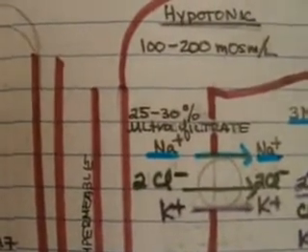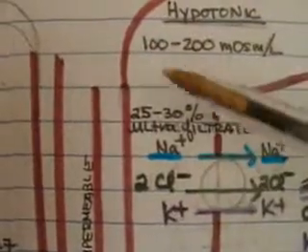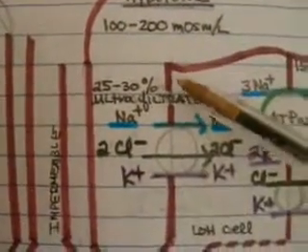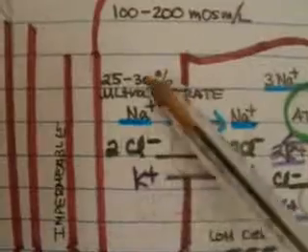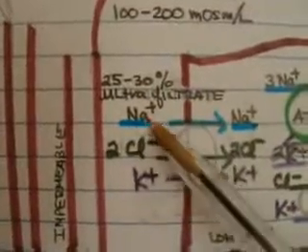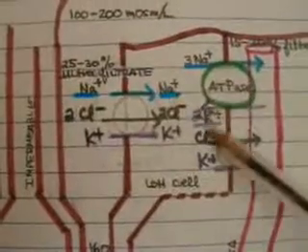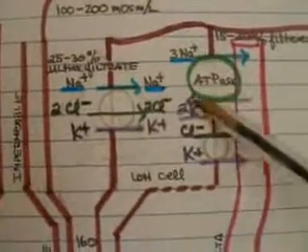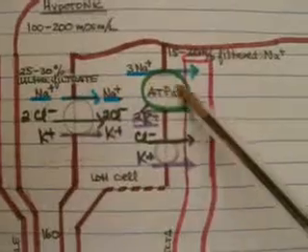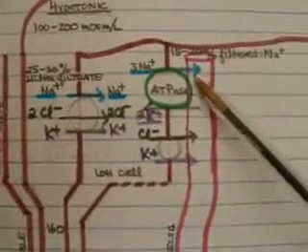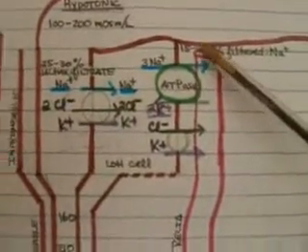Out of that 25 to 30%, about 15 to 20% of the sodium is reabsorbed into the cells of the thick ascending limb, and ultimately reabsorbed back into the capillary system and enters into the systemic circulation.